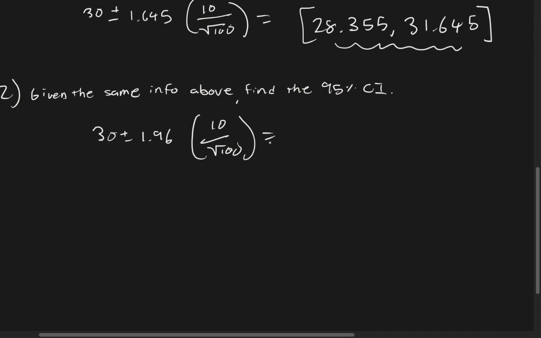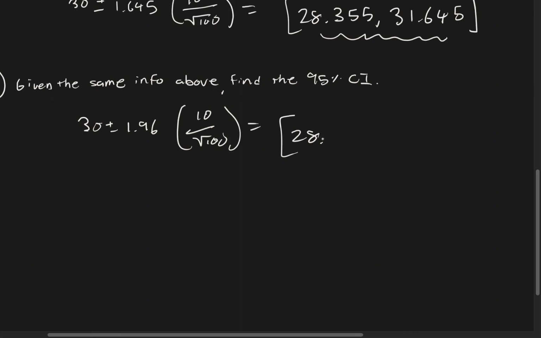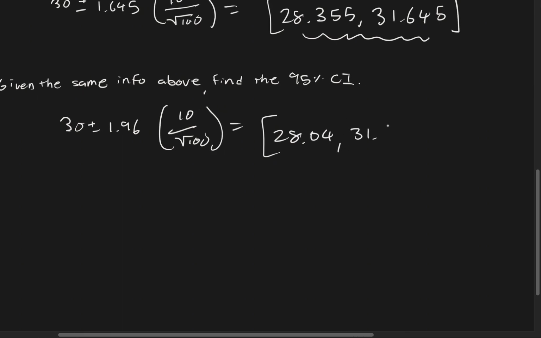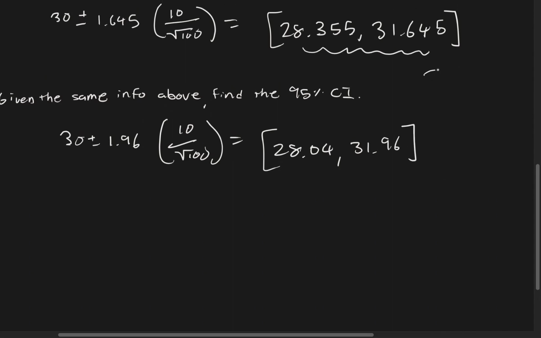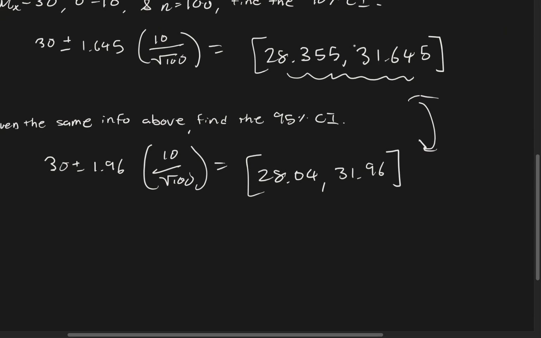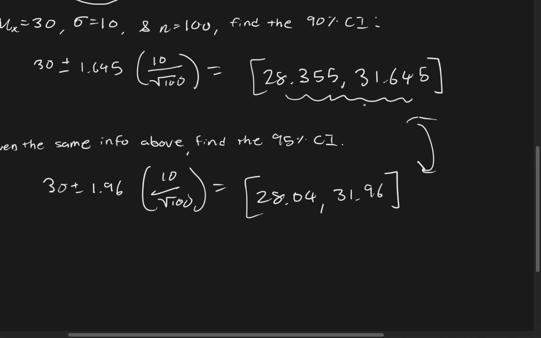Again, this turns out to be 1, and then our confidence interval results in 28.04 to 31.96. So if we compare these two intervals, the 95% confidence interval actually turns out to be a bigger range, meaning subtracting the lower from the higher one.